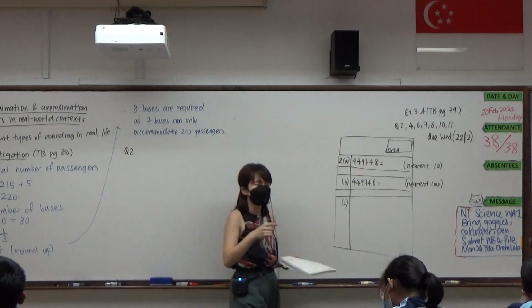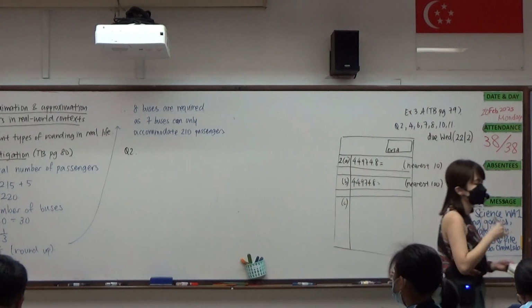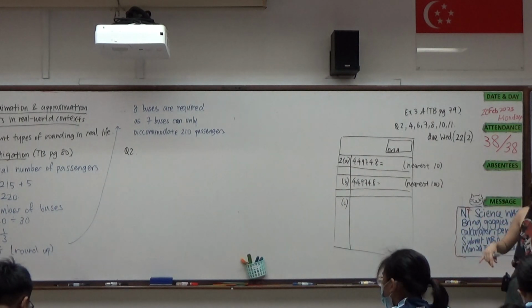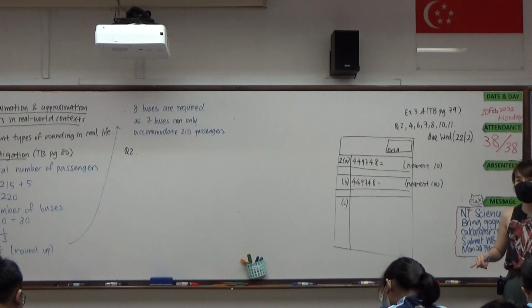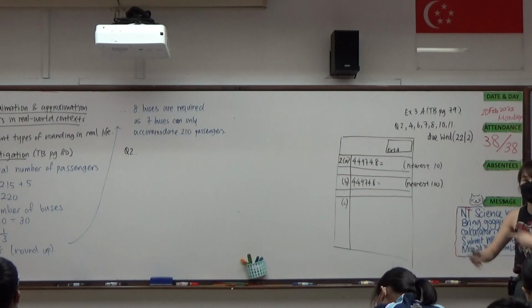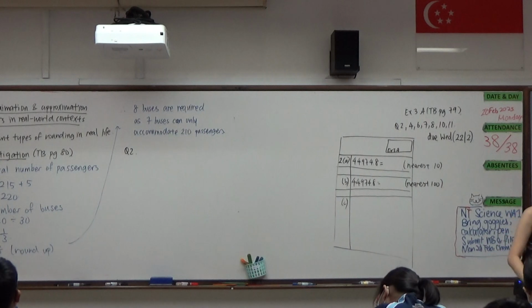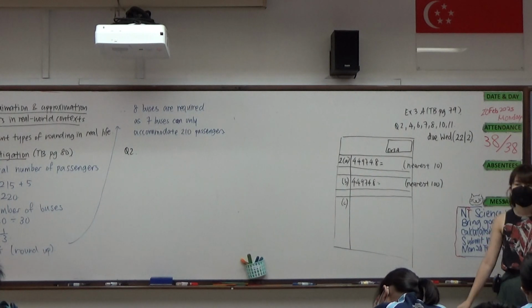So this is one situation whereby it doesn't make sense for us to follow our rounding rules. And we just have to decide based on the real life situation to go with rounding up rather than sticking with rounding down.